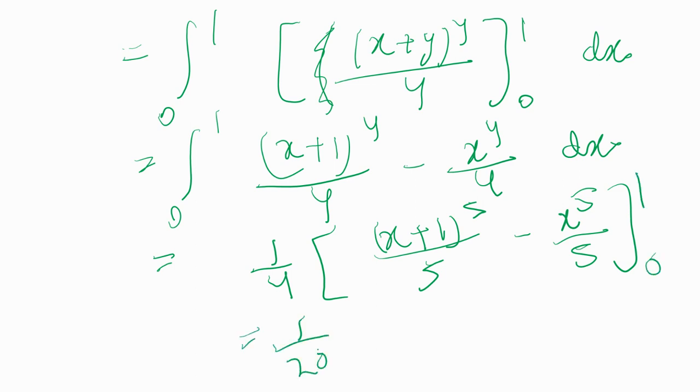1 upon 20. It will be 2 to the power 5 minus, at 0, it will be 0 plus 1 to the power 5, which is 1, 1. So 2 to the power 5 is 32, and 32 minus 2 is 30. So that is 3 by 2.